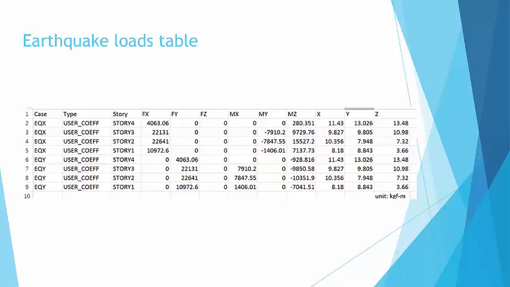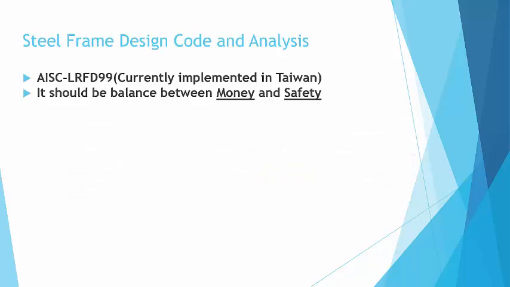They're using the user confusion method to determine the seismic loss on the model. And then we can see they use the AISC LRFD 99, currently used in Taiwan. And they had to make the model balance between the money and the safety.